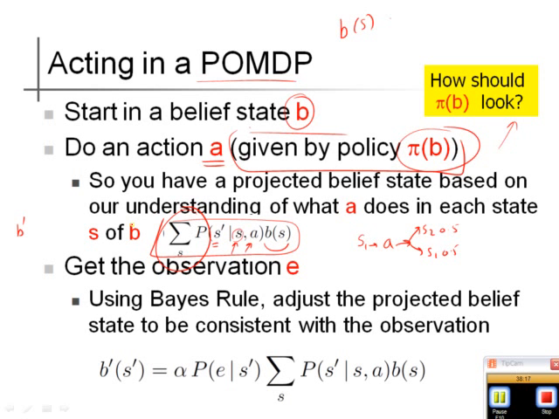If you sum this, that gives me the probability I am in state S dash. So this is B dash of S dash. That's a new belief state now.